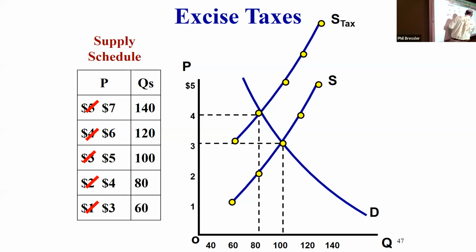This is also the price the producers now get, right? Even though they're charging 4, they got to send $2 to the government for taxes, so they're really only getting 2. I guarantee you there's a multiple choice question like this on the test, asking you about the tax and the taxes. All right, we're good there?